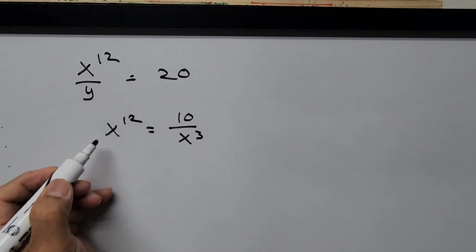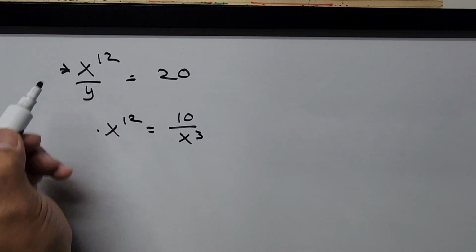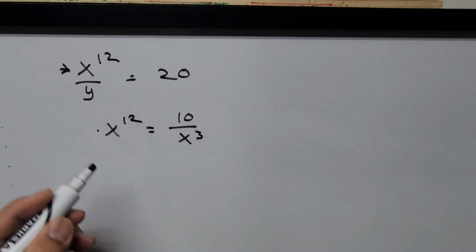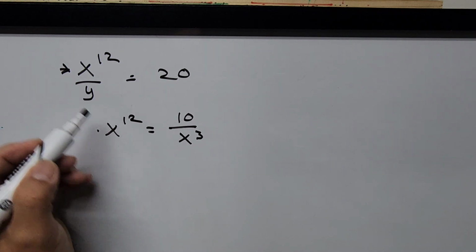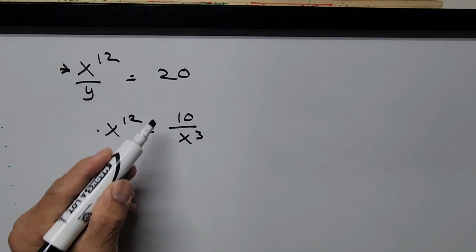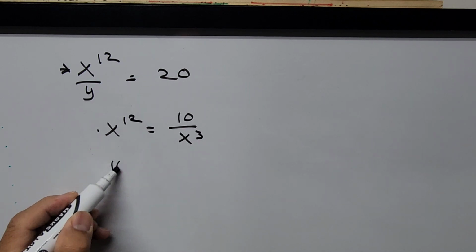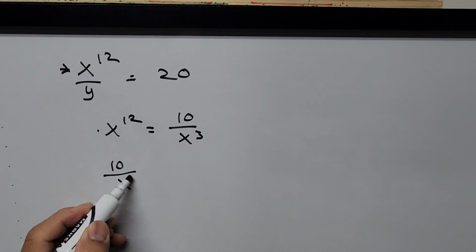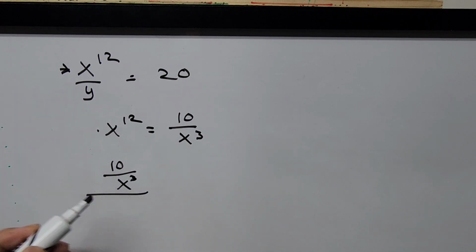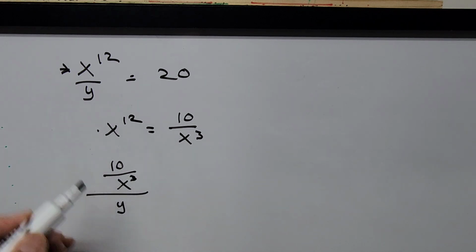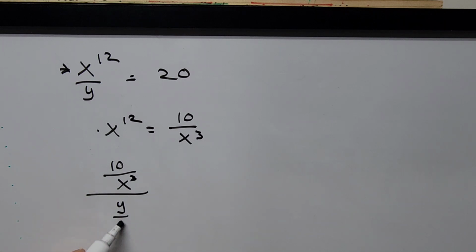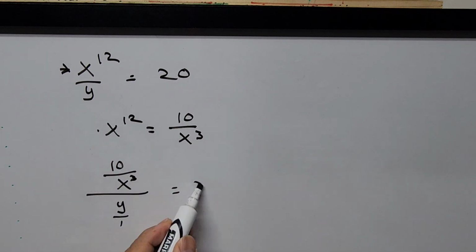All we have to do is substitute this value into this equation. So the new equation now is 10 divided by x cubed, all divided by y, or we can say y over 1, and this is equal to 20.